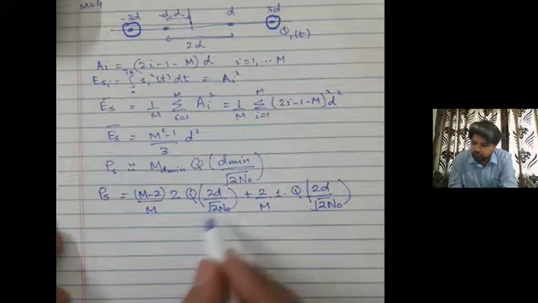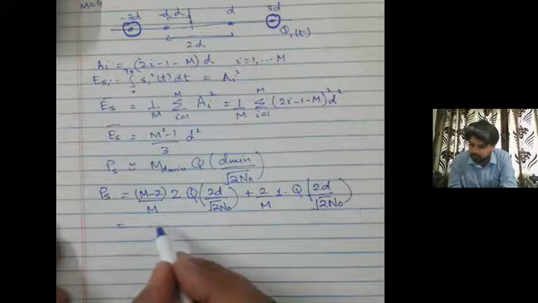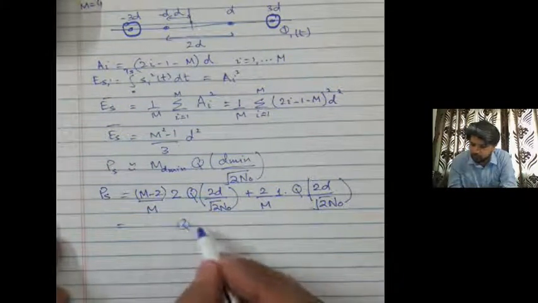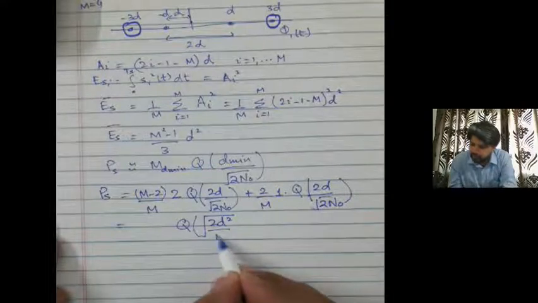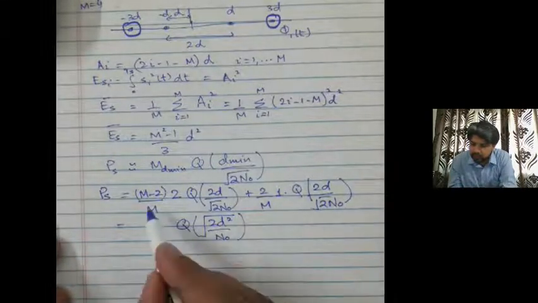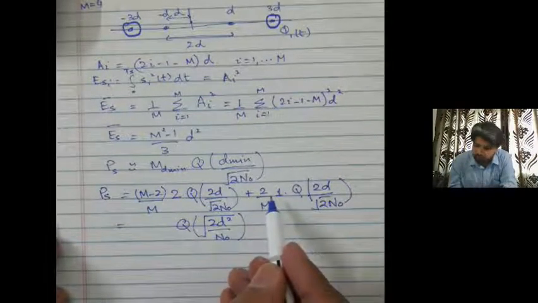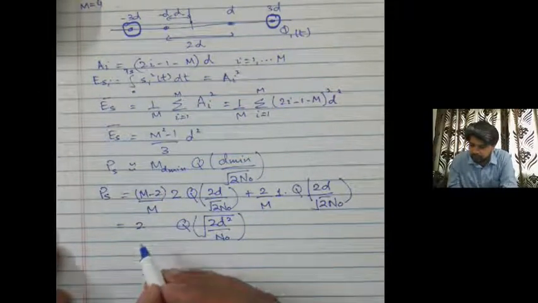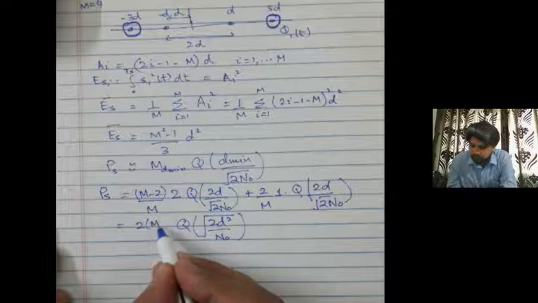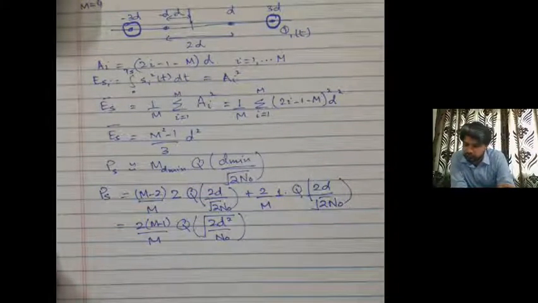And now this Q of 2d over root 2 N naught can also be written as the Q function of the root of 2d squared over N naught. If you take it common, then you would have (M minus 2) times 2, plus 2. So this would be equal to 2 times (M minus 1) over M times the Q function of root of 2d squared over N naught.